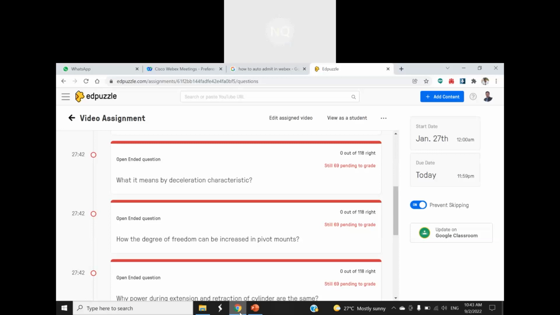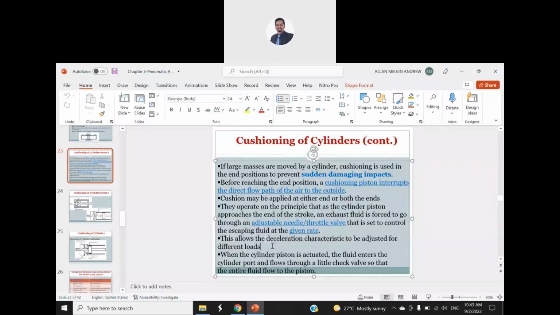Okay, so generally what it means by deceleration characteristic is any parameters that you control for the piston to decelerate. Okay, so if you see here, this is actually talking about the adjustable needle or throttle valve.